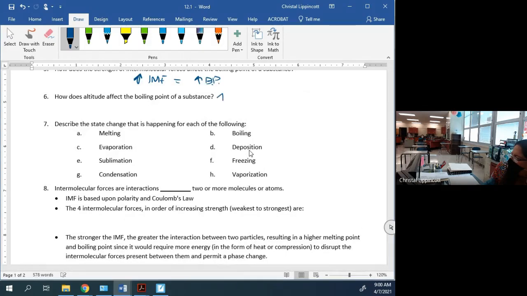An increase in altitude is a decrease in pressure, lowering the atmospheric pressure pushing down. There's less stuff pushing down on it, so that leads to a reduced boiling point. So water will actually boil at a lower temperature in Denver than it does here.